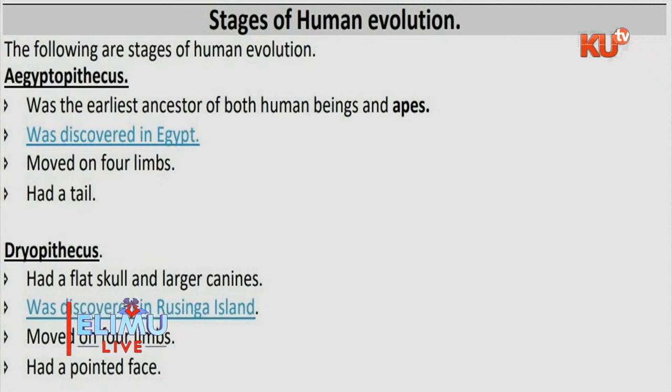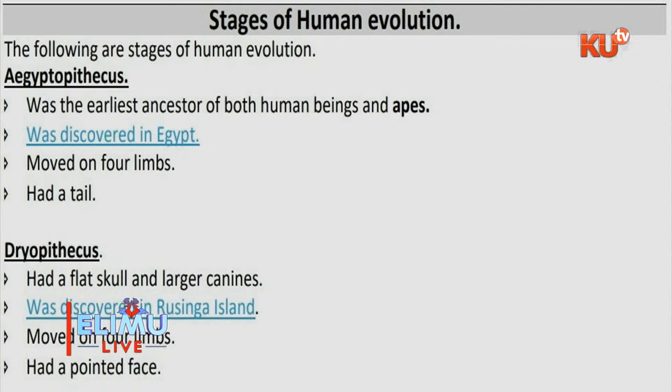We have them on the screen. Now we will be looking at the stages that you can see on the screen as we look at the characteristics of these stages. The first stage is called Aegyptopithecus, and this was the earliest ancestor of human beings.